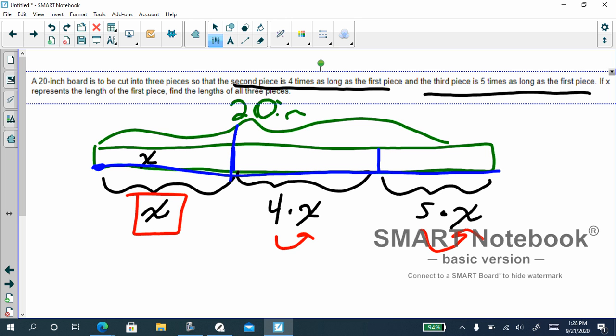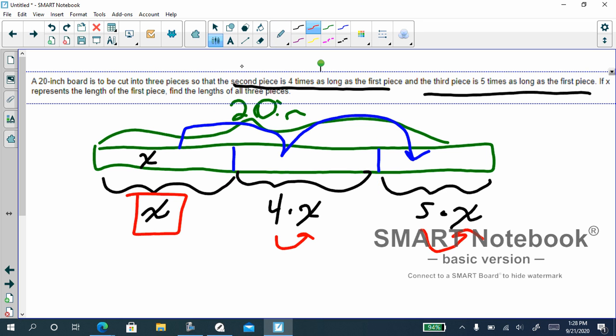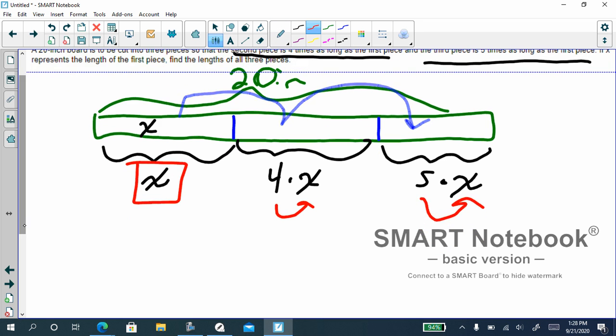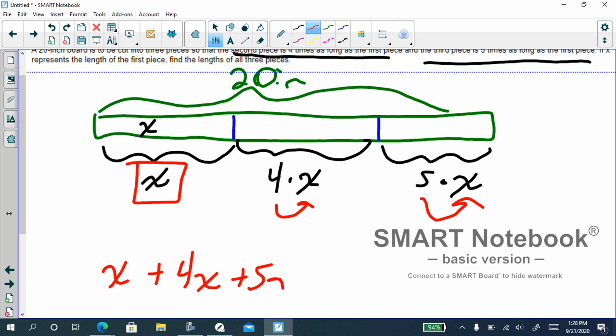Well, if I know the length of each piece, if I take this length plus that length plus that length, we have a total of 20. Total typically means to add. So the first length plus the second one plus the third one, when we combine all 3 pieces, that should make 20 inches.